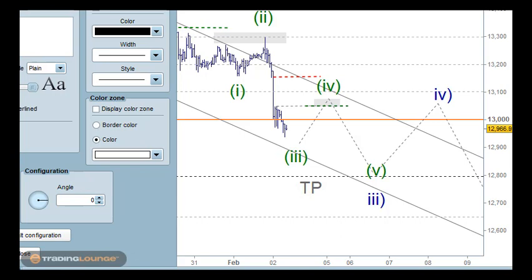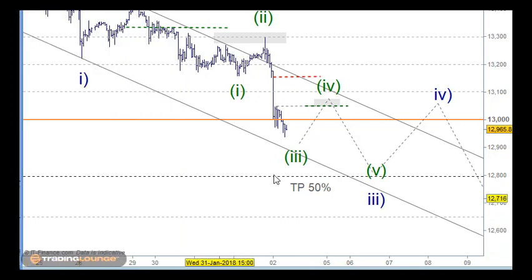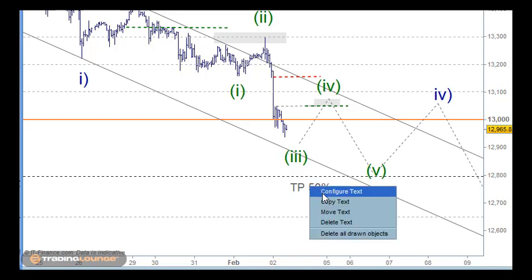We want to leave some skin in the game. So if I just put 50% here, that will mean we'll have that trade in and this trade in here, so it will just be exiting this trade here. This trade will be exiting at this point.